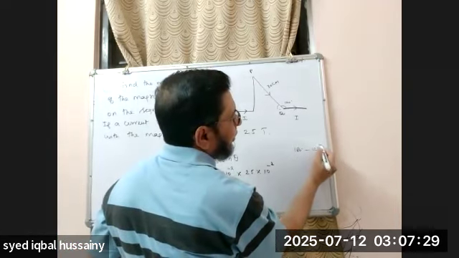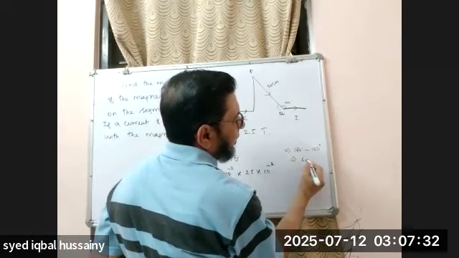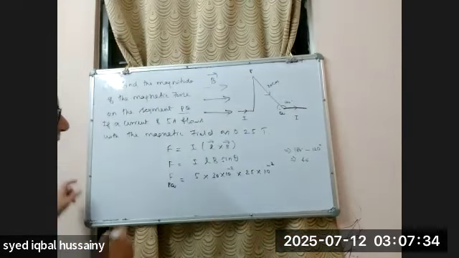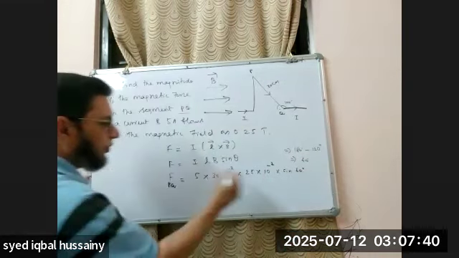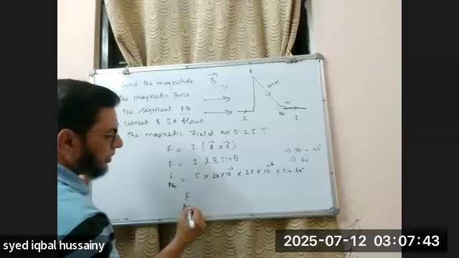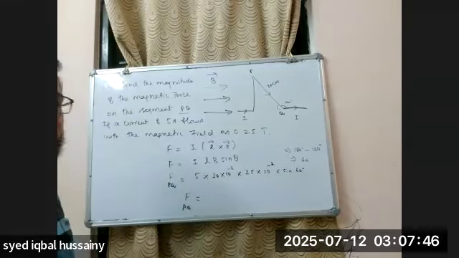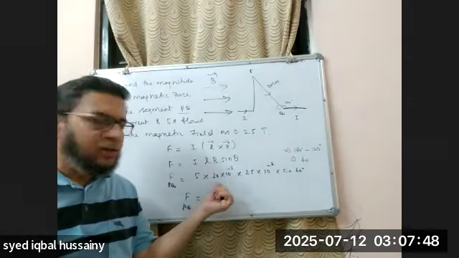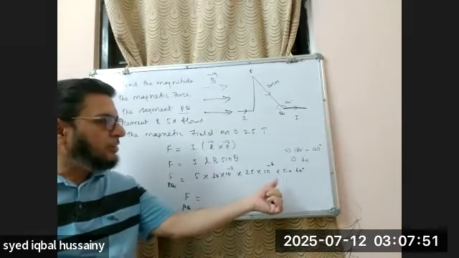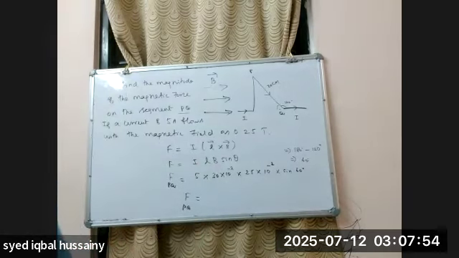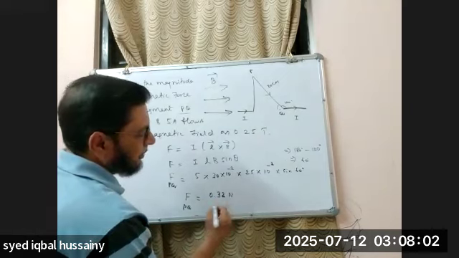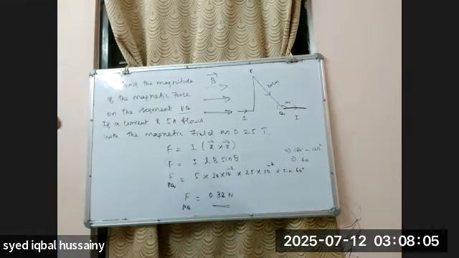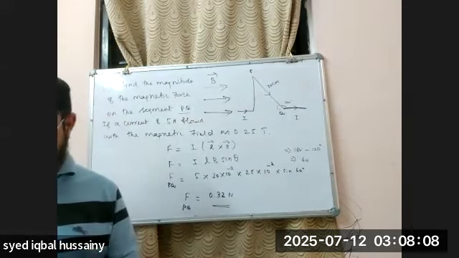So here we use sine 60 degree. Now calculate: F PQ equals 5, 30 into 10 power minus 2, 25 into 10 power minus 2, and put the value of sin 60. The answer is 0.32 Newton. Check with your calculation whether it is correct. So force is 0.32 Newton.